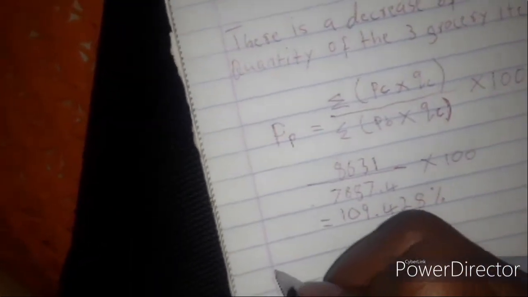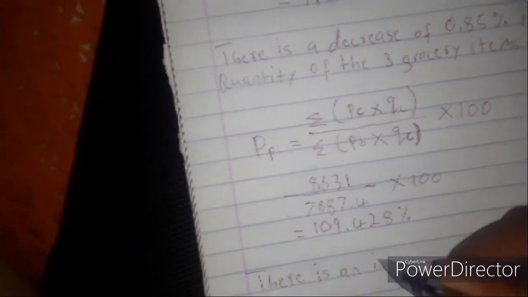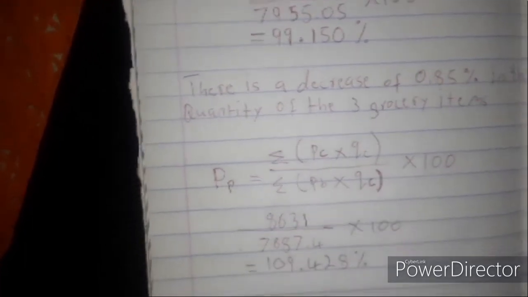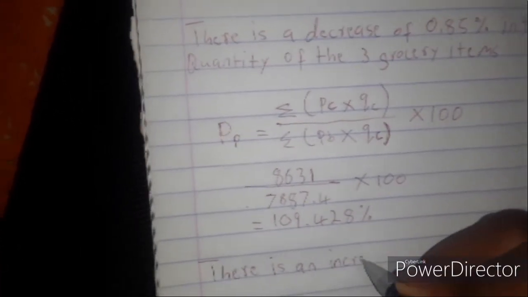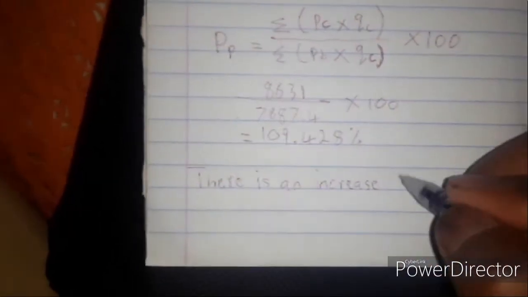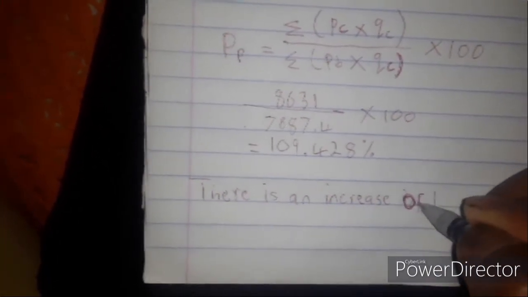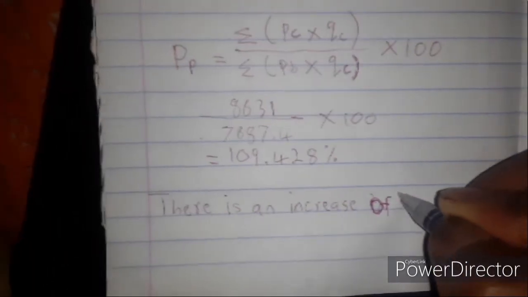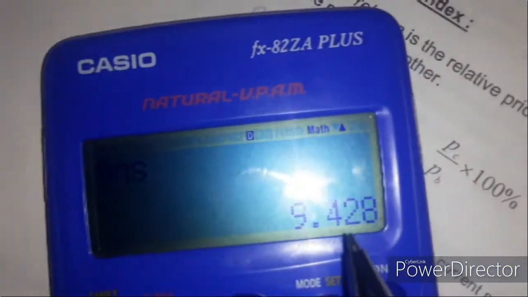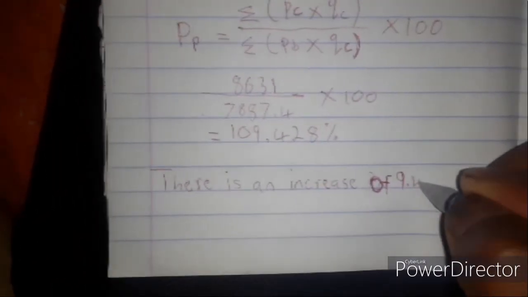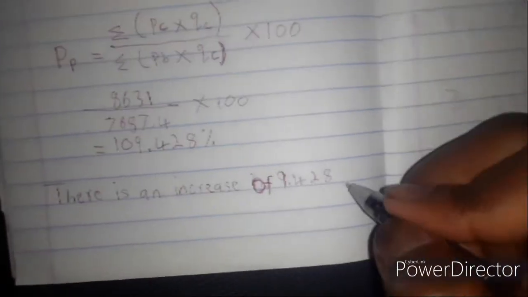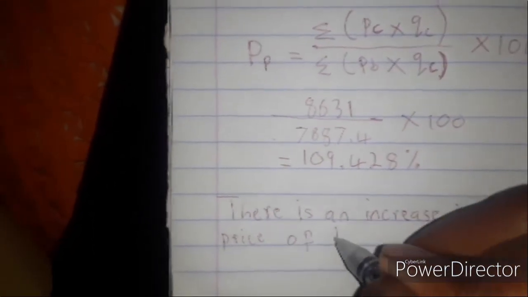So you are going to say there is an increase or an increment of 9.428% in the price of the three grocery items.